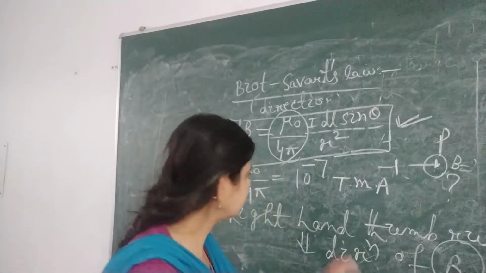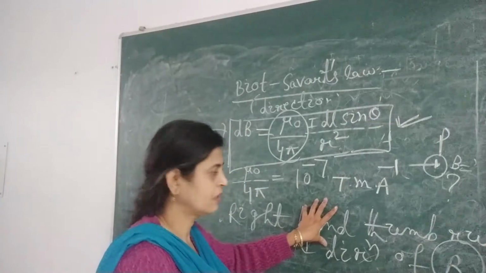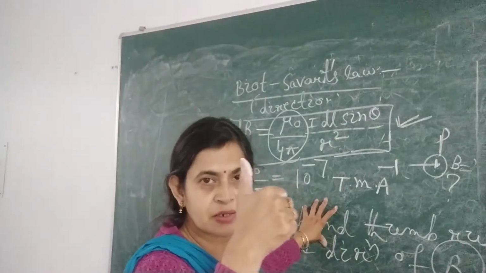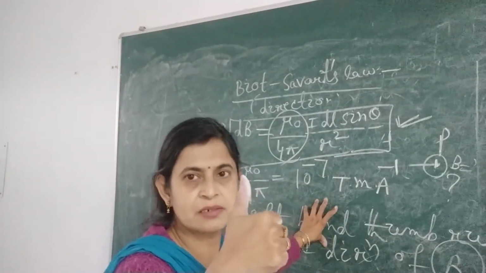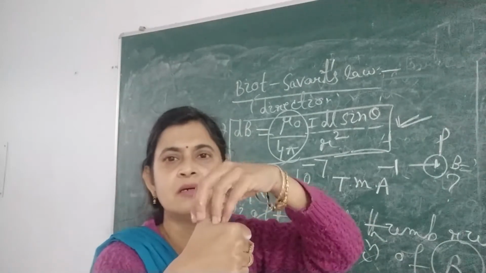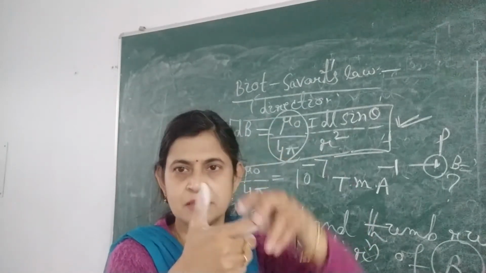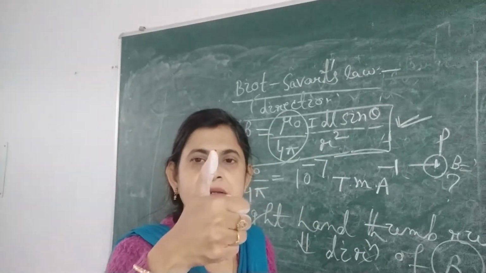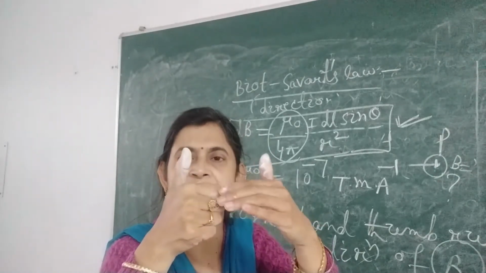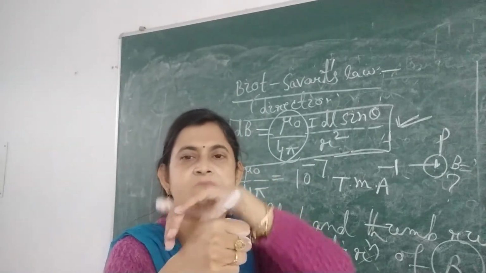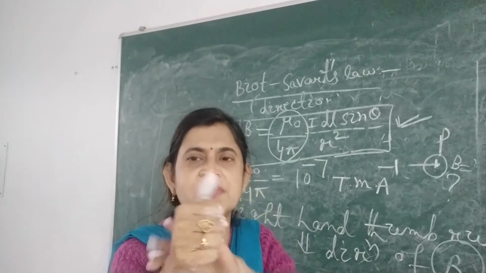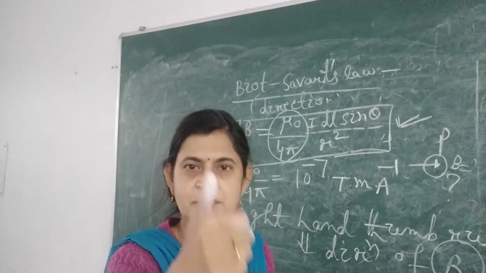According to this rule, if the current flowing through a conductor is in the direction of the thumb, then the direction of the curl of the fingers will indicate the direction of the magnetic field.